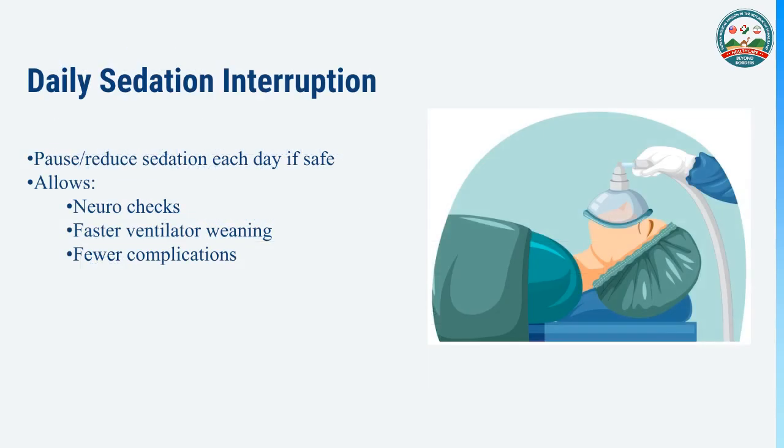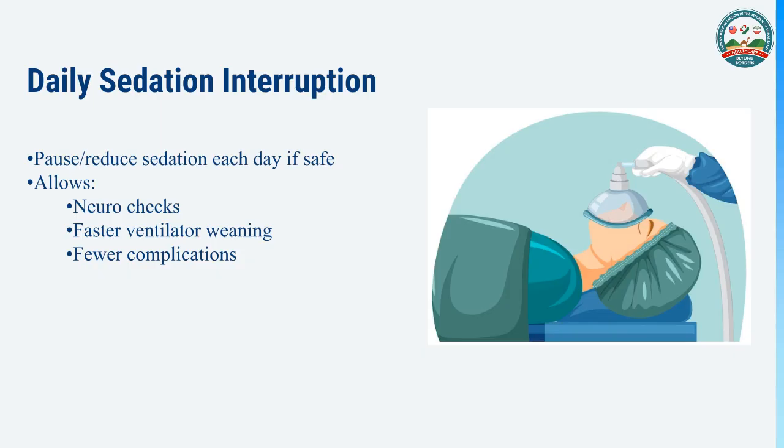An important part of sedation management is the daily sedation interruption, also known as the sedation vacation. This means that once a day, we pause or reduce sedation, but only if it's safe for the patient. By doing this, we can perform neurological checks, allowing us to assess the patient's level of consciousness and brain function more accurately.